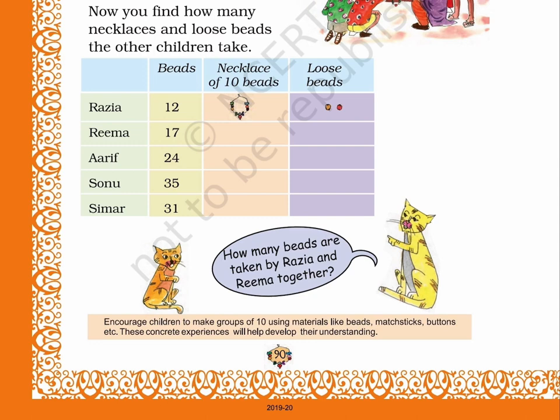This part is solved. Second row, column 1, Rima. Column 2, beads, 17. Column 3, necklace of 10 beads, dash. Column 4, loose beads, dash.